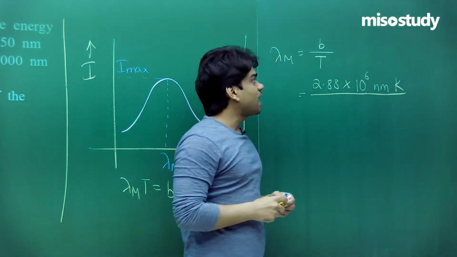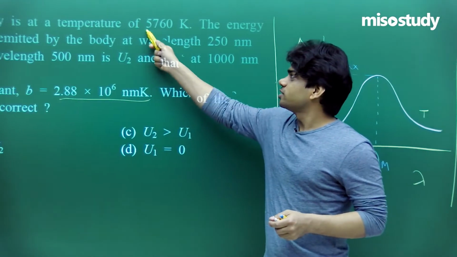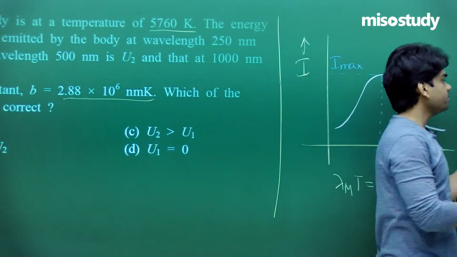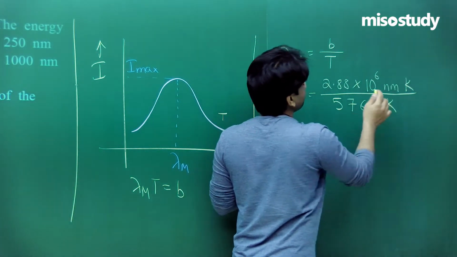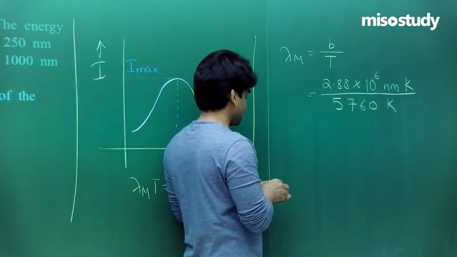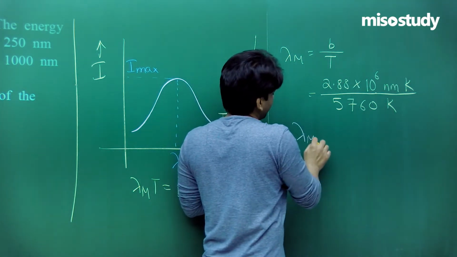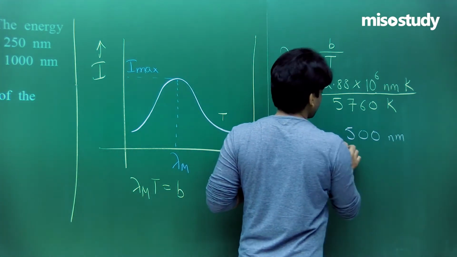Next, the value of temperature that has been given is 5760 Kelvin. So clearly after doing this, we can obtain the value of lambda max, and this lambda m value will come out to be 500 nanometer.